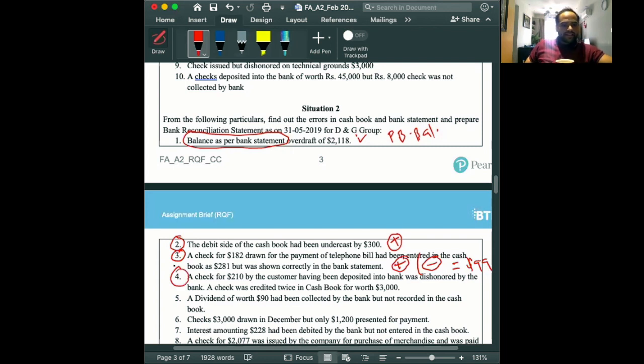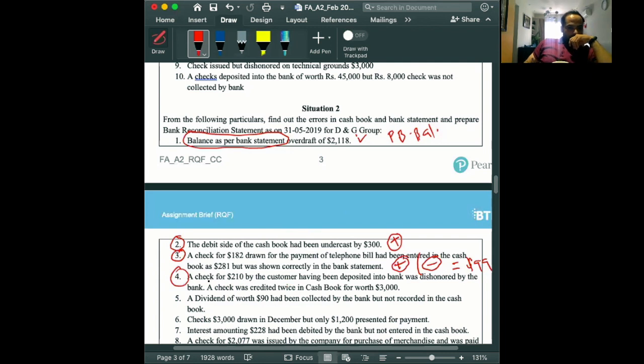Number 4 is a check for $210 by the customer having been deposited into bank was dishonored by the bank.